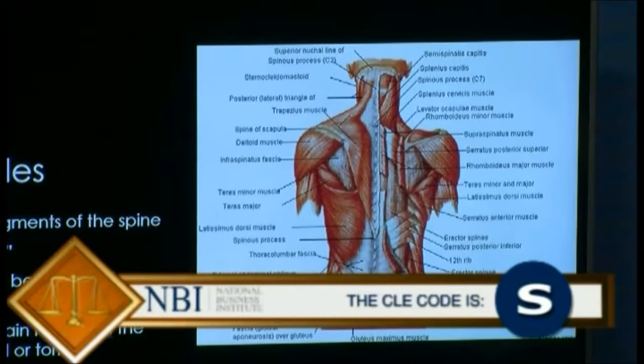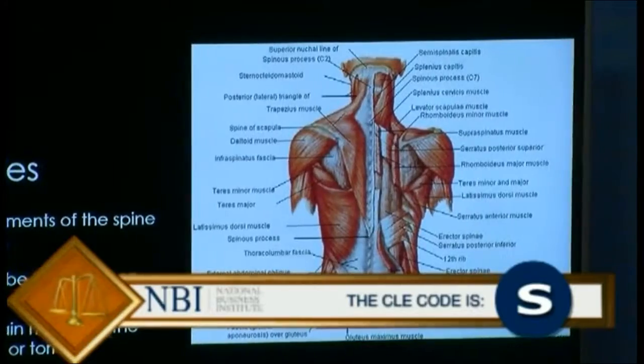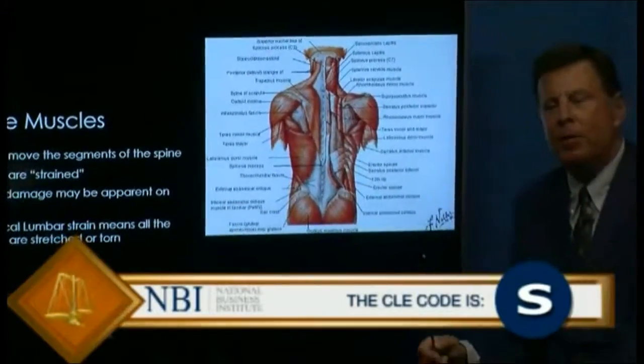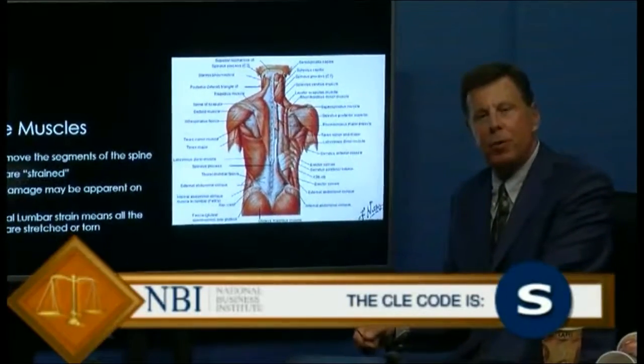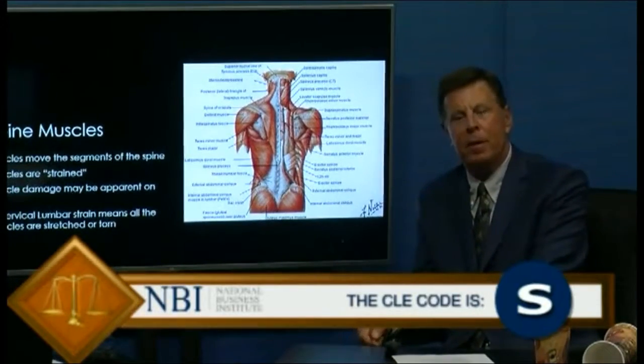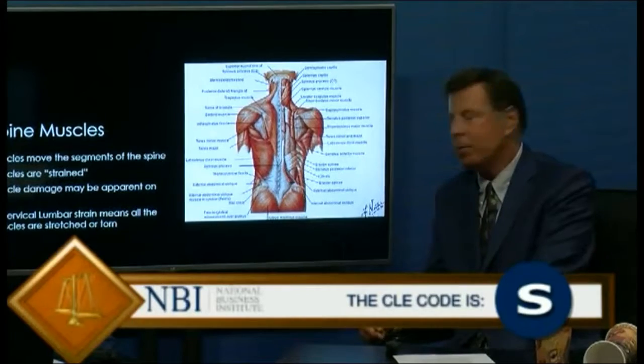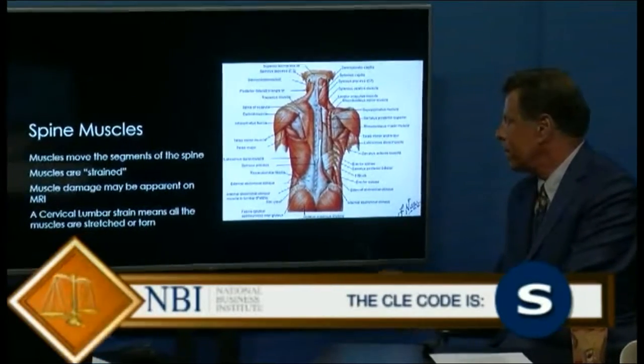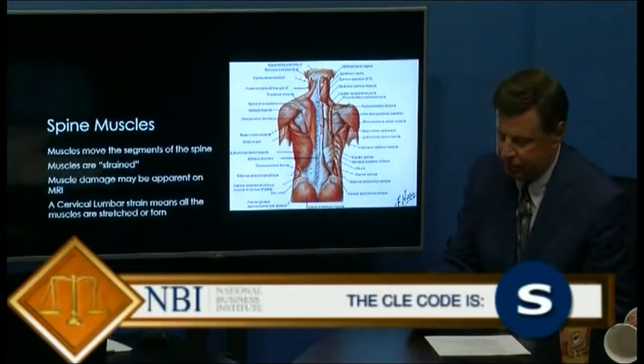Soft tissue injuries are always a matter of concern in terms of do they really exist or not, but there's no question a soft tissue injury that's severe enough can be determined by an MRI, especially if you're looking for it. And again, muscle damage may be apparent and a muscle is strained.